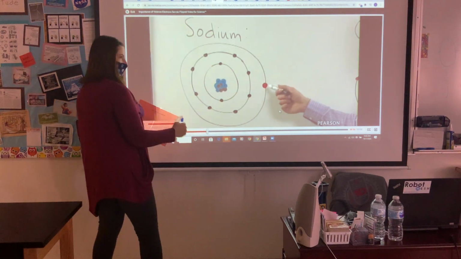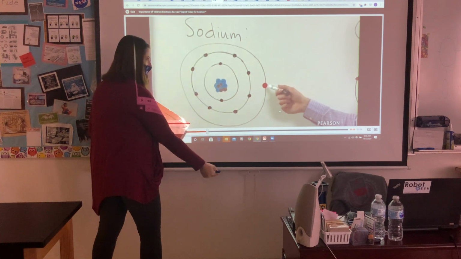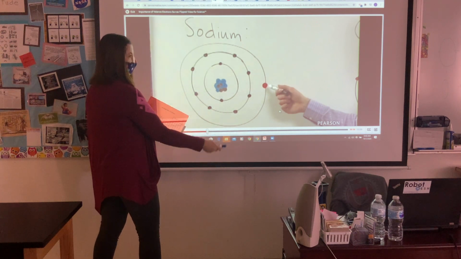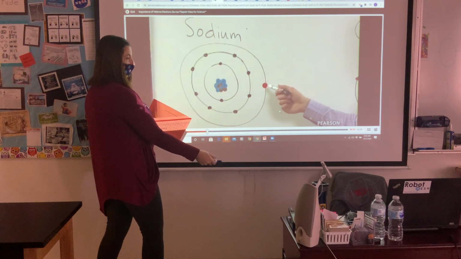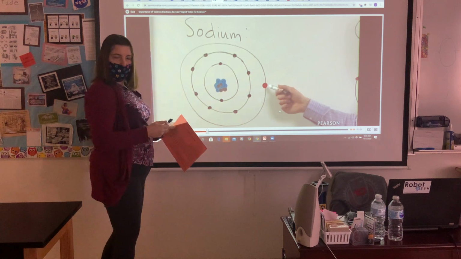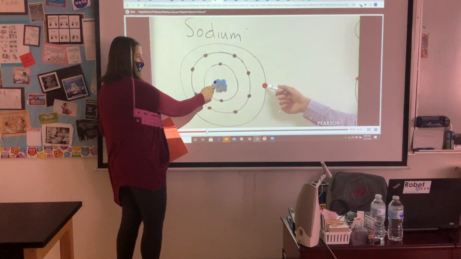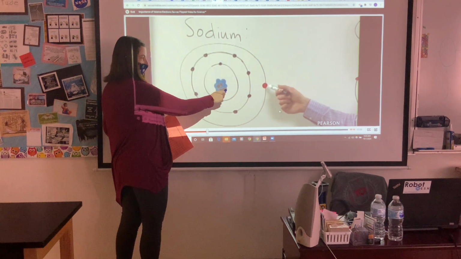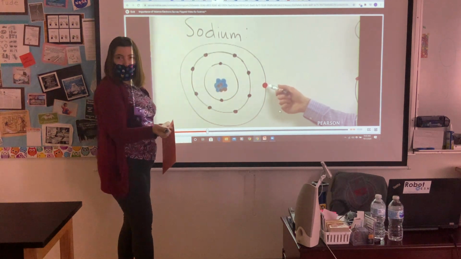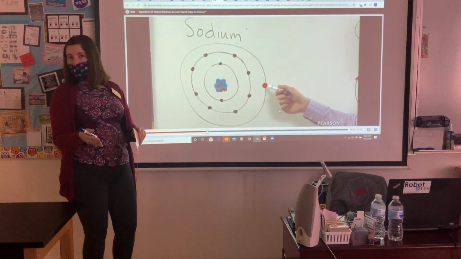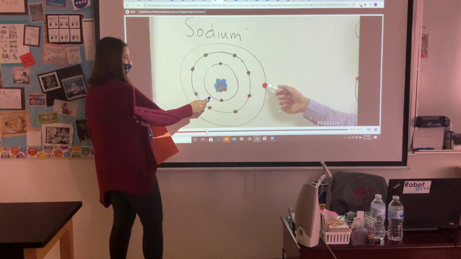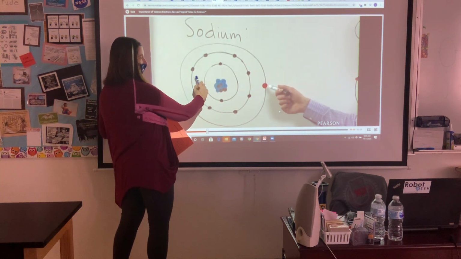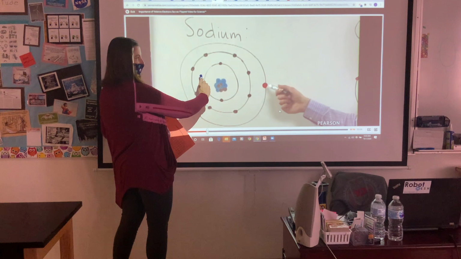If it has 11 protons, it's going to have 11 electrons. The two have to balance. So there's going to be 11 protons. We don't know how many neutrons because there can be different isotopes. But I'm going to need 11 electrons.